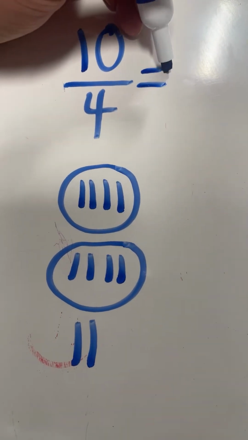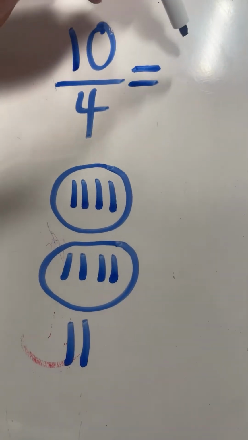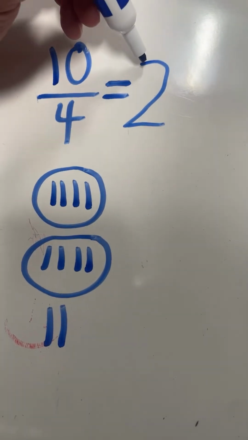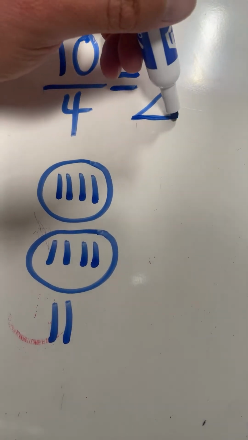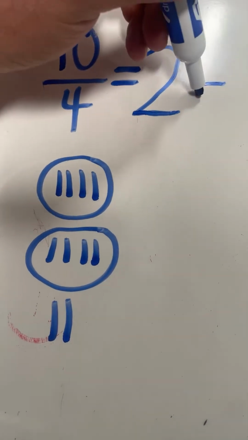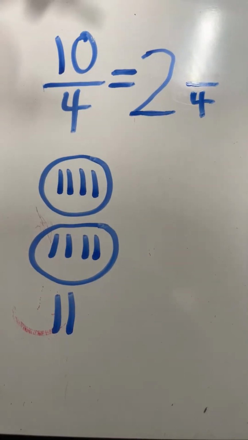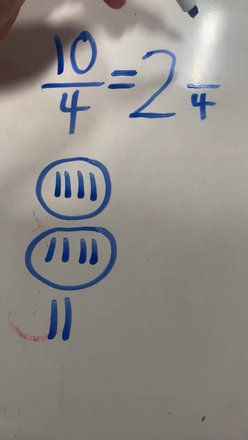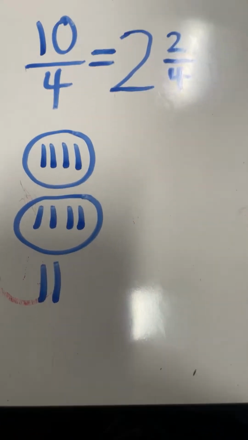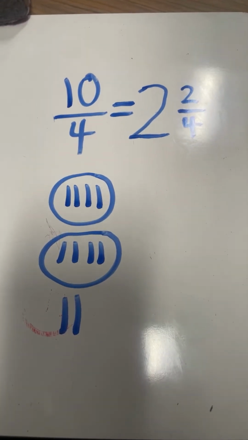We were able to get 2 full groups of 4, so 2 is our whole number. Our denominator stays the same. Our remainder is our numerator, so 10/4 converted into a mixed number equals 2 2/4.